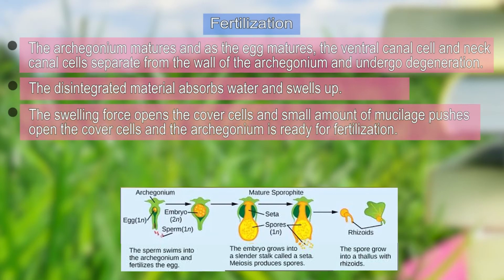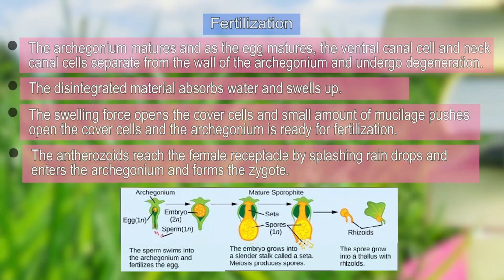The swelling force, along with a small amount of mucilage, pushes open the cover cells, and the archegonium is ready for fertilization. The antherozoites, after they mature, reach the archegonium, go down through the neck, enter the ovum, and then fertilization occurs.